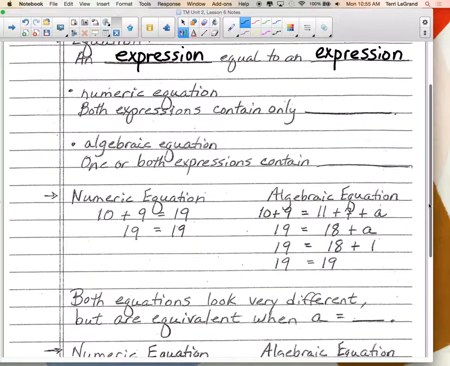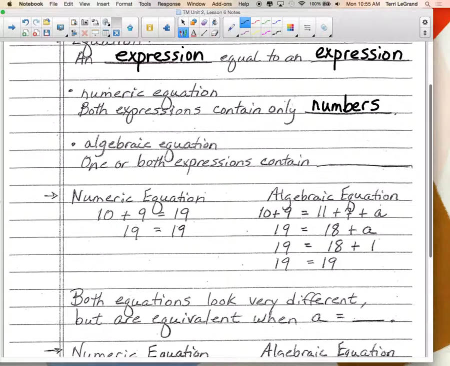Well, then there are types of equations. There are numeric equations. Both expressions, both sides, contain only numbers. That's where the numeric part of the name comes from. There are no letters, no variables involved. There can be operations like addition, subtraction, multiplication, and division signs, but only numbers.